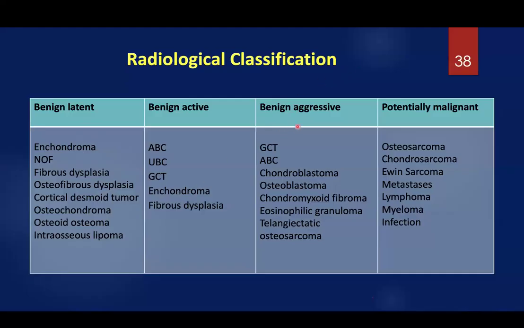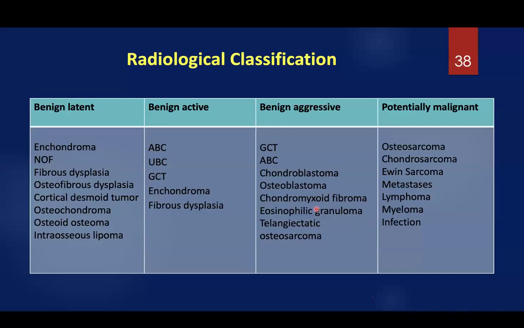Now, benign aggressives, these are the typical lesions of benign aggressive disorders. And whenever you describe an X-ray and you find this neocortex formation, the hallmark of benign aggressive disorder is the formation of neocortex.